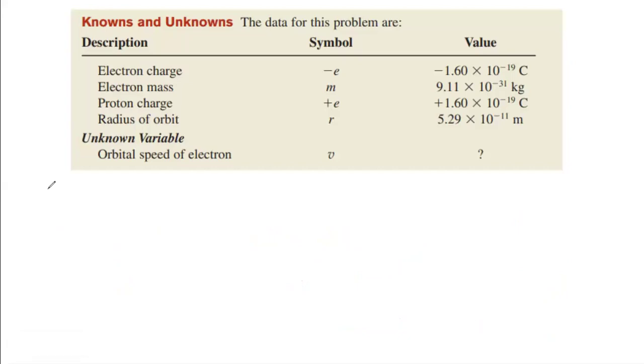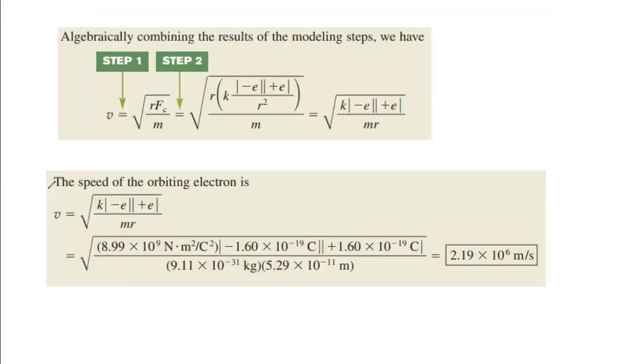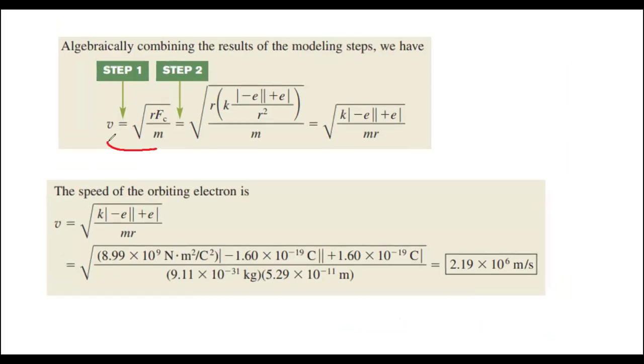Here's a breakdown of what's given and what's unknown, and here are the steps towards solving it. Step one involves isolating V. We said F is equal to mv squared upon r. Because I'm looking for V, I need to isolate it.